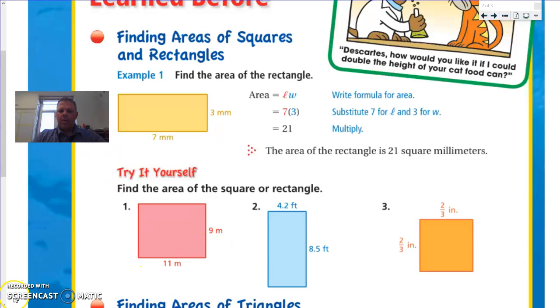In our next problem, we have a height of 8.5 feet and a width of 4 2/10 feet. When we multiply those together, we get 35 7/10 square feet. In our third example, we take 2/3 times 2/3, and we get 4/9, and that would be square inches.